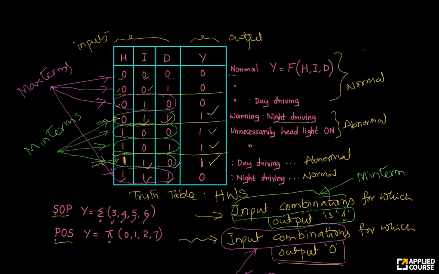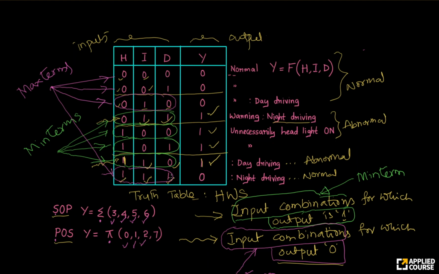For 000, output is 0, the binary pattern is 0, and the decimal value is 0. 001 is the binary pattern for which output is 0 and the decimal value is 1. 010 is the binary pattern for which the decimal value is 2.